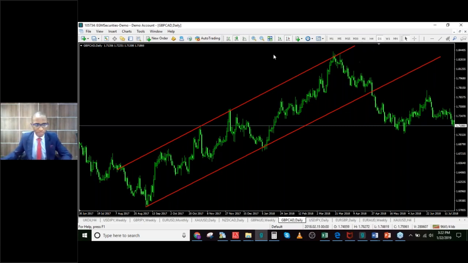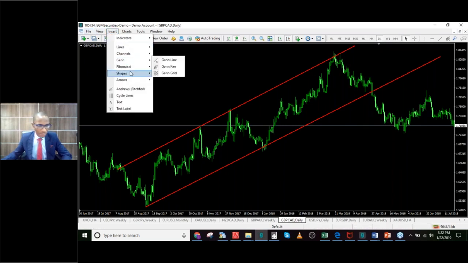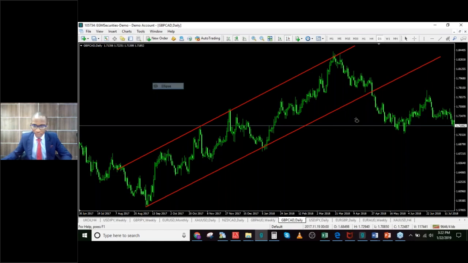And it is at this point, I'm just going to insert a shape right here, it is at this point that this channel broke out of its long trend, that is the 8 months, and this is where we find a breakout happening.